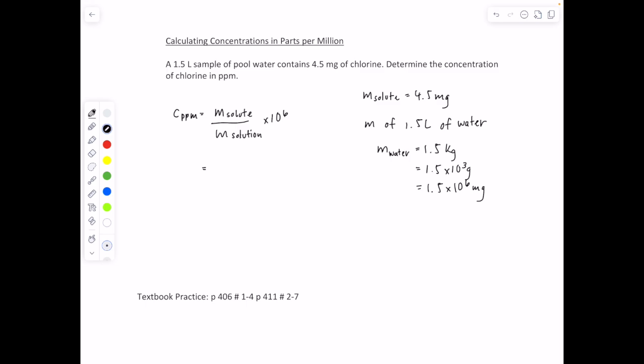So we have 4.5 milligrams of chlorine divided by 1.5 times 10 to the power of 6 milligrams of water times 10 to the power of 6. Punching this into our calculator, we end up with 3 parts per million of chlorine.